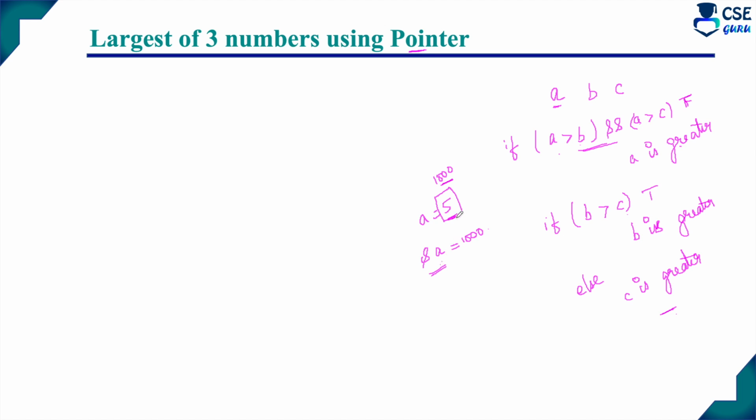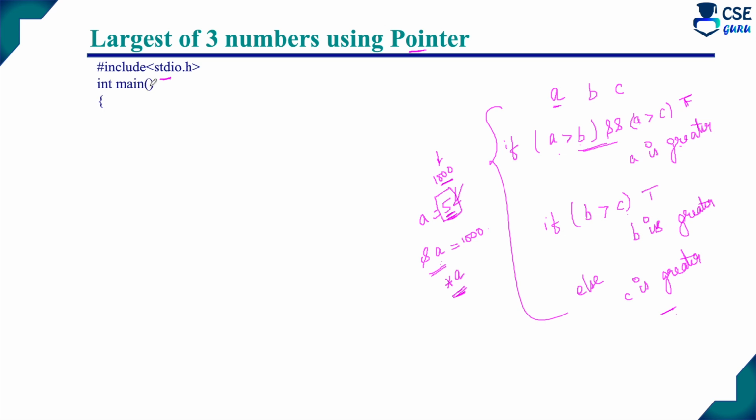So here, first we have to include the required header file. The header file we need to include here is stdio.h, the standard input output header file. We are going to use the printf and scanf statements in the C program, so we have to include this header file stdio.h.